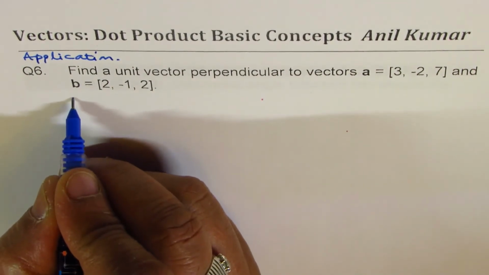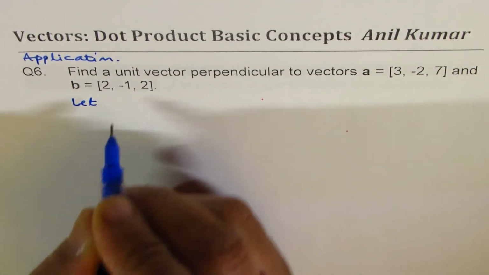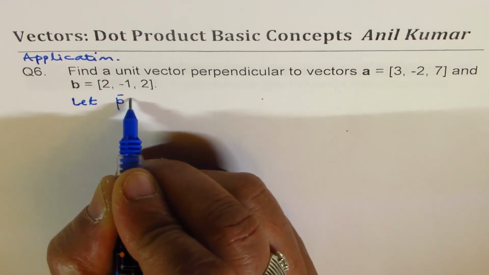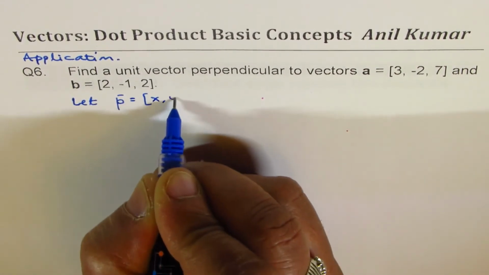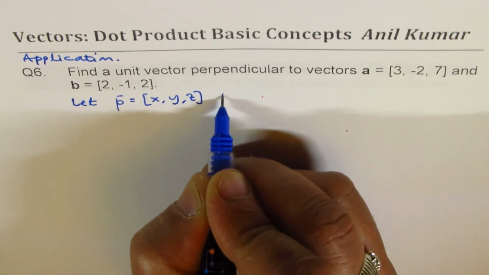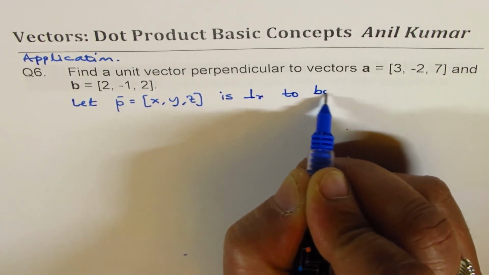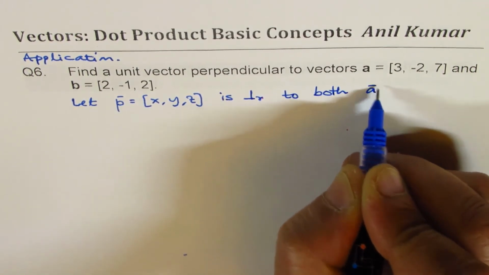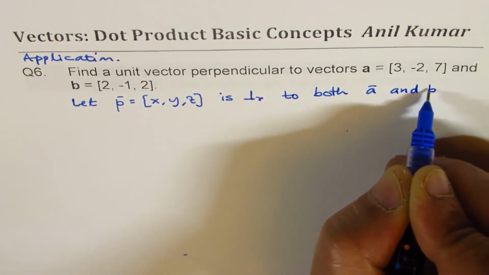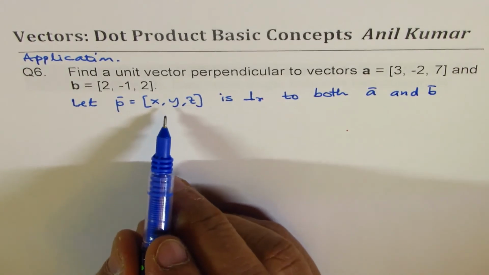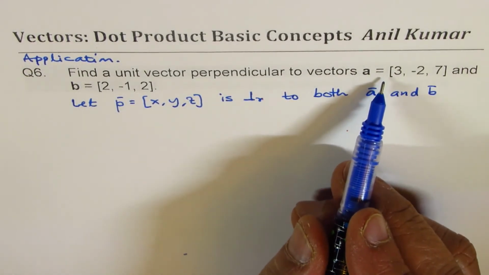So let us say that a vector P, which is in general x, y, z, is perpendicular to both A and B. Okay. So in that case, their dot product should be 0, right?